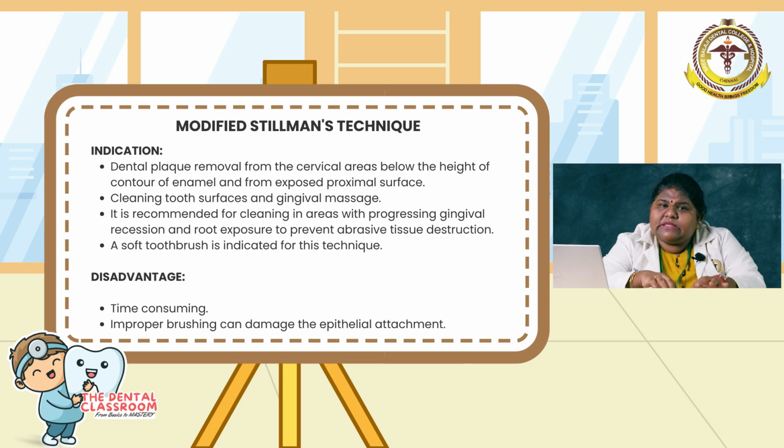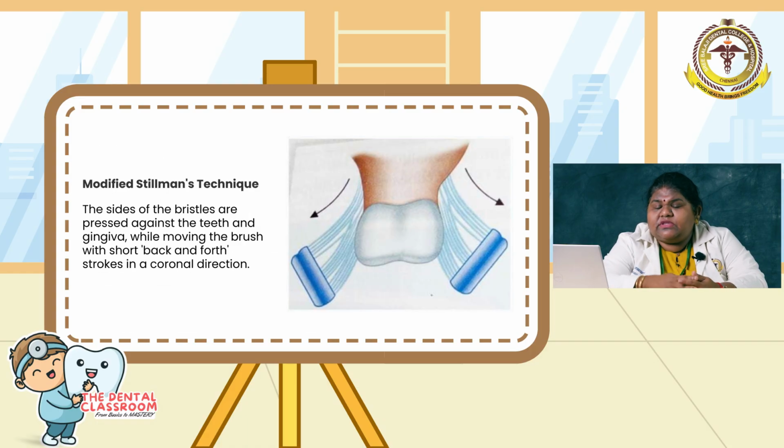This technique is usually prescribed in patients who have multiple gingival recessions and also periodontally compromised patients. The main disadvantages are that it is time consuming, and improper brushing can damage the junctional epithelial attachment of the gingiva. This picture shows how the modified Stillman technique is done on the tooth.